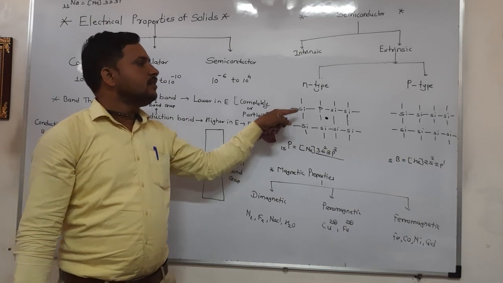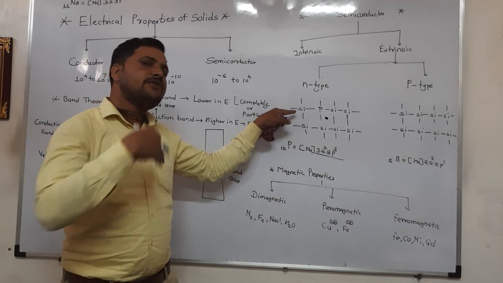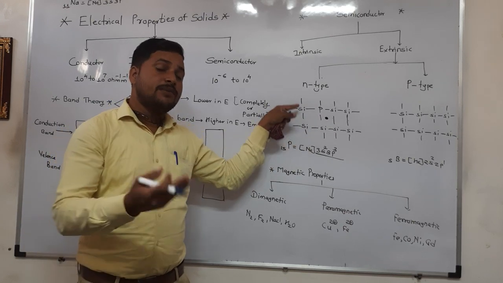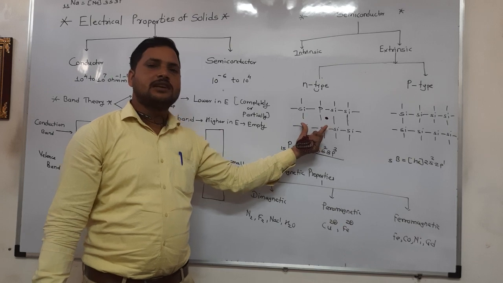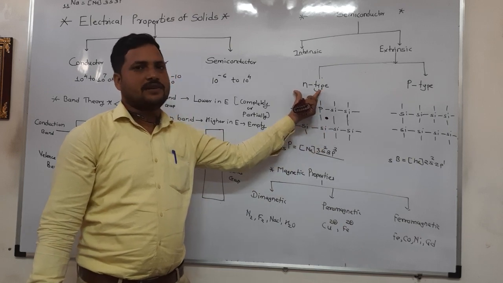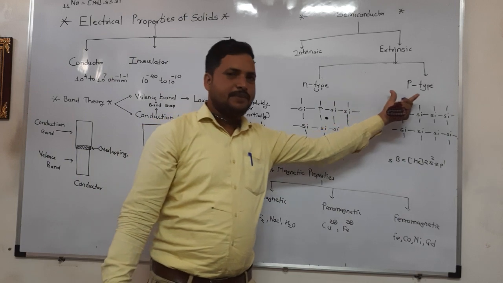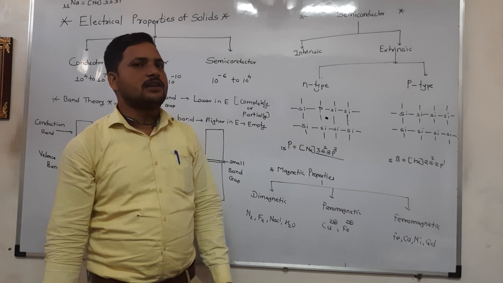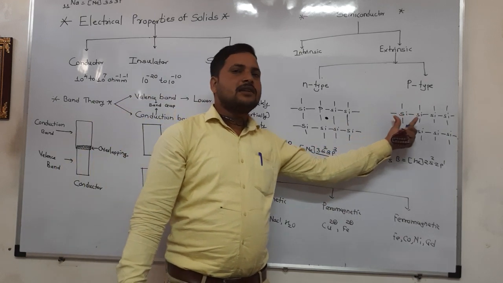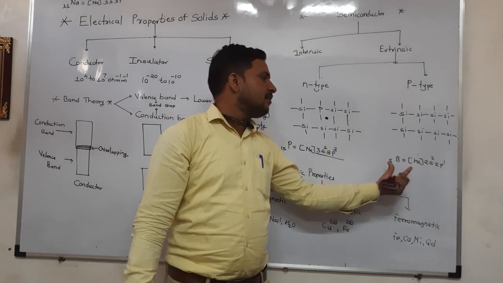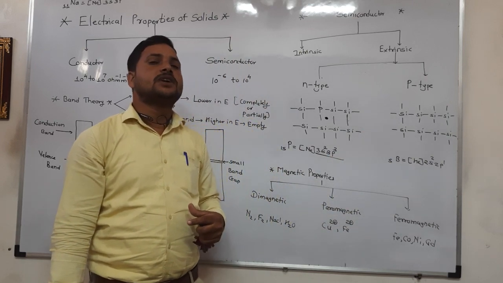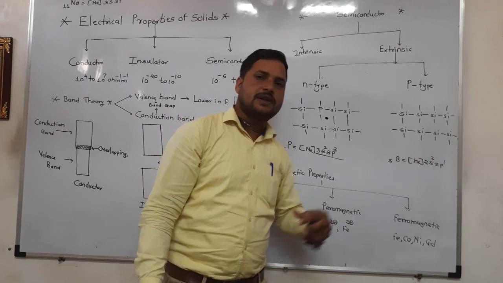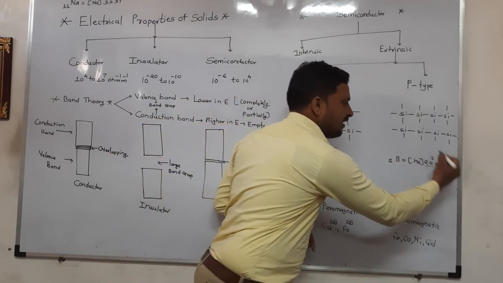Again, focus here. Silicon is a group 14 element. When we add a group 15 element as impurity, its electrical conductivity increases and it forms an N-type semiconductor. Next example, P-type. In pure silicon, when an impurity such as boron, a group 13 element, is added, it has electronic configuration 2s2 2p1, meaning it has 3 valence electrons.